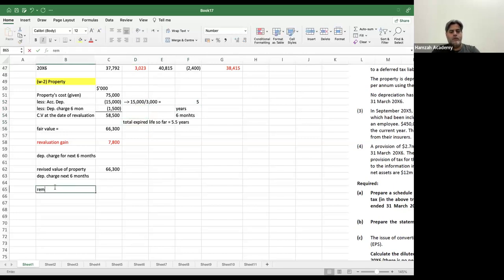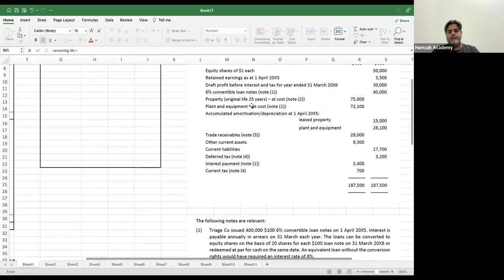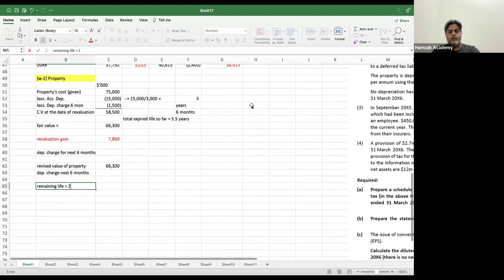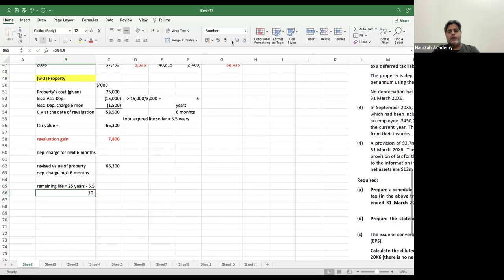Now, remaining life is, original life was 25 years minus 5.5 is 19.5, right?